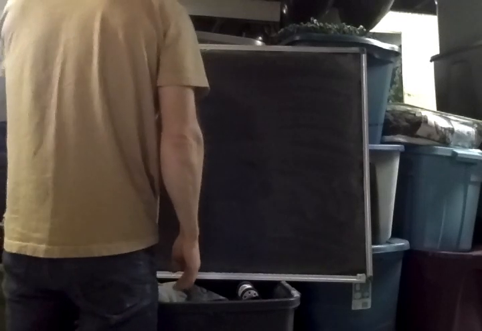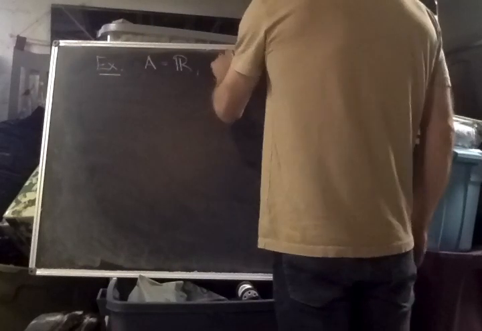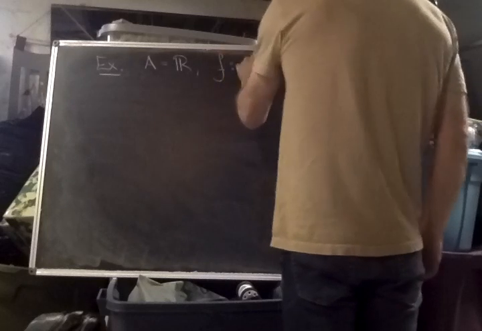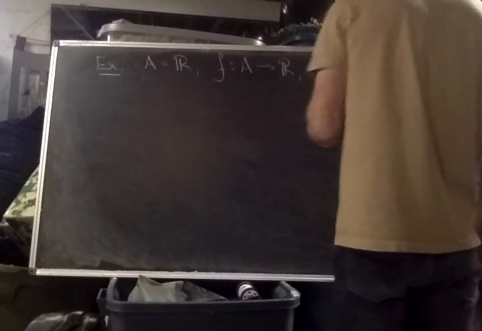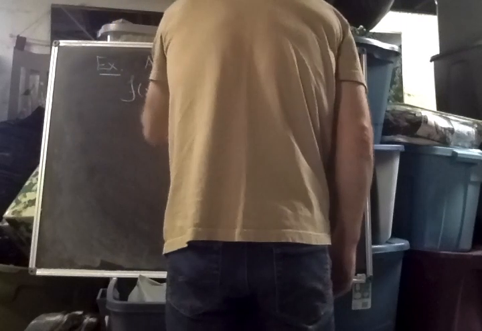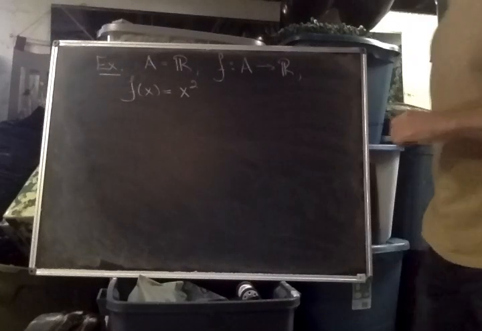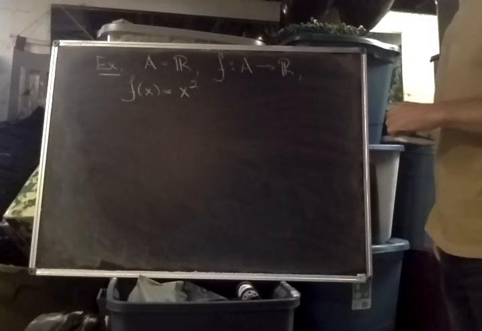All right. So for this example, once again, we're going to have the domain be all of the real numbers, and of course f, a function from the domain into the real numbers, and f of x now will be given by the formula f of x equals x squared.